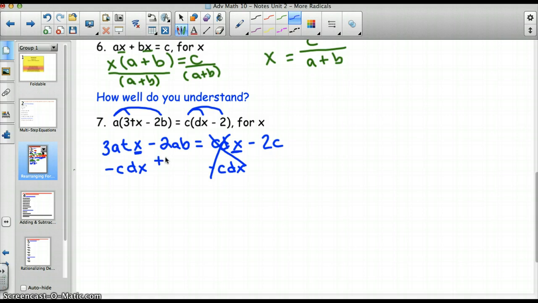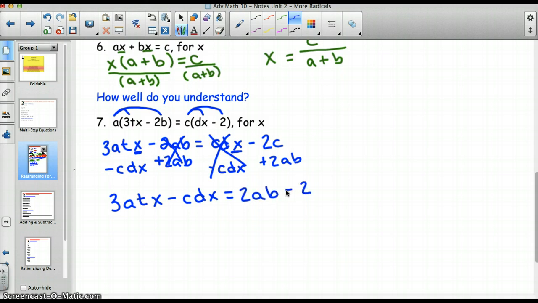And now I need to add the 2ab to the other side. Rewriting this, I get 3atx minus cdx equals, I'll just write this one first because it's positive, 2ab minus 2c.